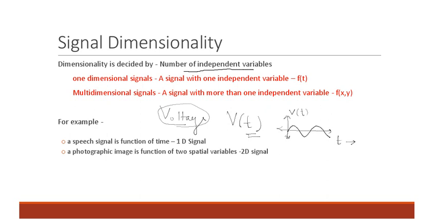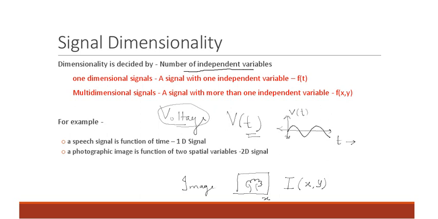Let us look at another example. Let us take an image. Suppose this is a particular image. Let me draw something for you. Let us say this is an image. How would you represent this image? Let me say the signal is represented as I, a function of two independent variables x and y.